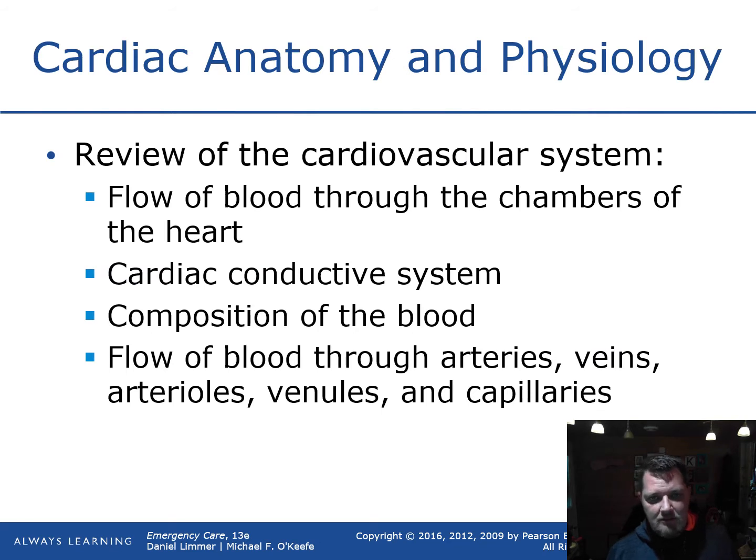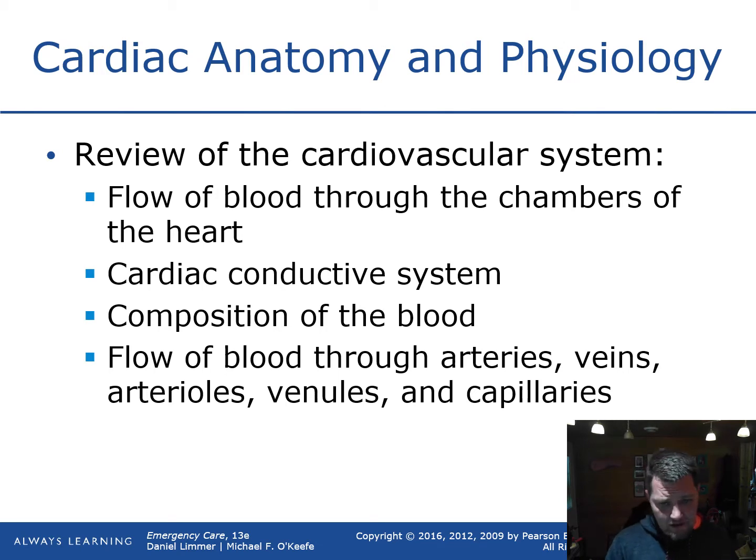So let's review some cardiac anatomy and physiology. When we talk about blood flow through the heart, we talk about the fact that the blood comes from the body, where it was oxygenated before. It's a cycle, and it comes back through the superior vena cava and the inferior vena cava to the right atrium, to the tricuspid valve, to the right ventricle, and then it goes off to the pulmonary artery.